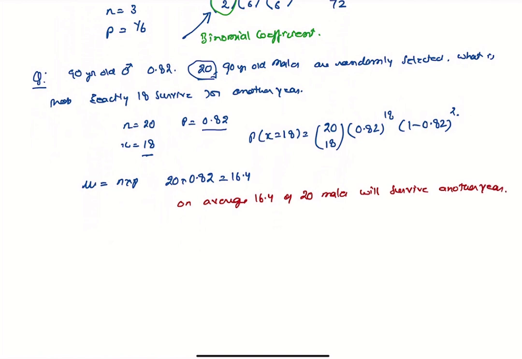And what is the variance? Another formula, for the variance of a binomial random variable, is np times 1 minus p. So that will be 20 times 0.82 times 0.18, that is equal to 2.952, and the standard deviation will be the square root of 2.952.